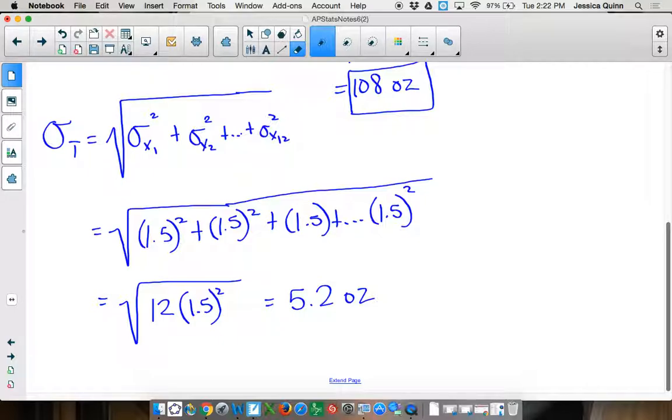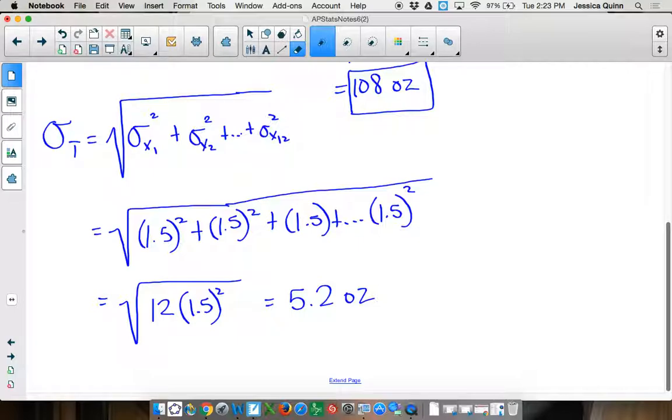So if you're doing this and you're not really sure when you should be multiplying the 12, like if you did the 12 and then multiplied it by 1.5 and then squared it and then took the square root, doesn't that seem like, what was the point, right?